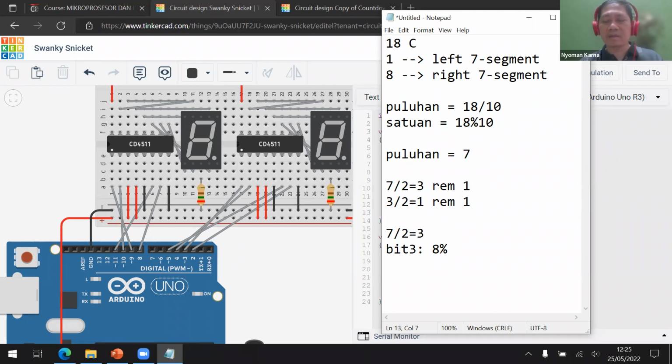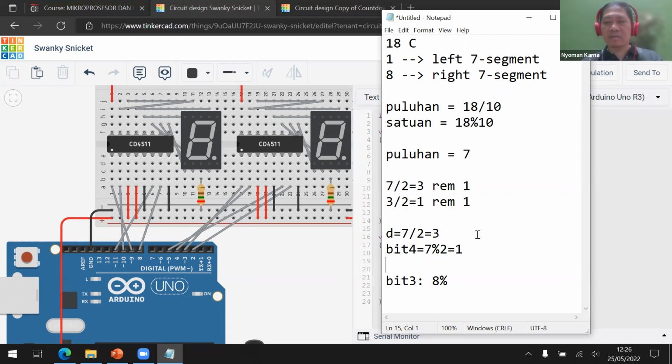3. So we need 2 variables. First one is to store the division. Let's say D. And then we also need to calculate bit 4, which is 7 modulo 2, we got 1.